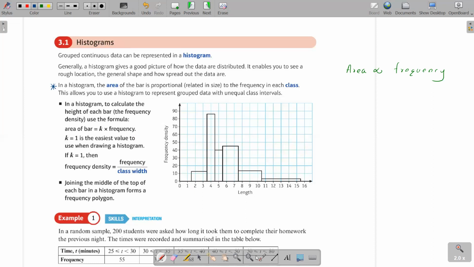We know the area is directly proportional to the frequency, right? So how do you remove the proportional sign? You put an equal sign, and when you remove the proportionality, you have to put in a constant, k. So area equals k times frequency.